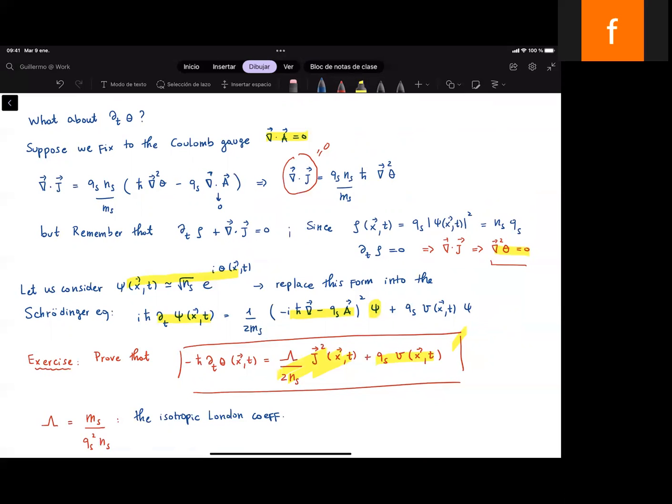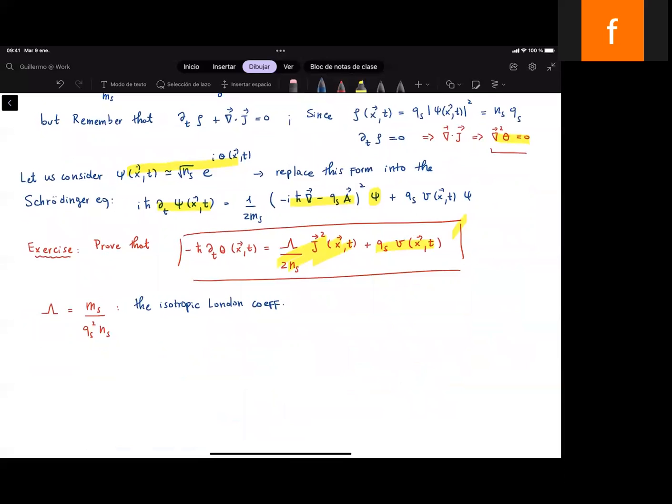And then what we see here is that if we have no supercurrent, imagine for a moment this situation, that we have no superconducting currents over the superconductor.